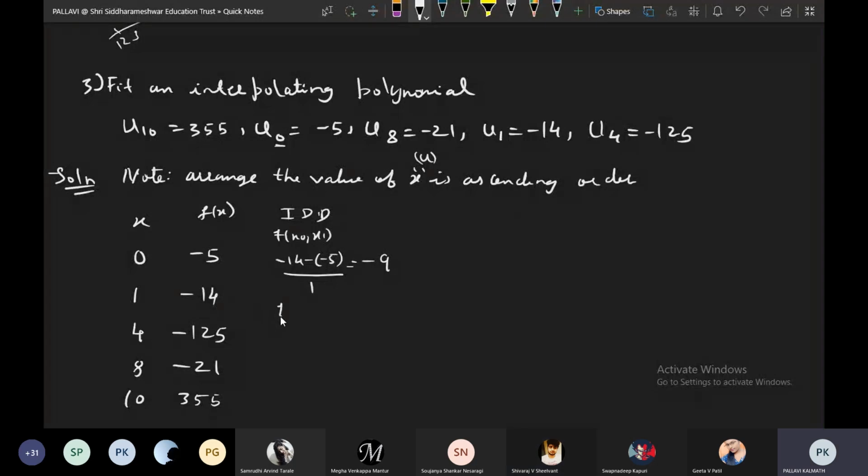Next value. F of x1, x2. How much you are getting? Minus 37. Yes. Then f of x2, x3. Calculated? 26. Okay. Then f of x3, x4.